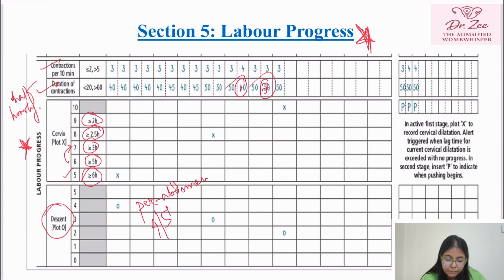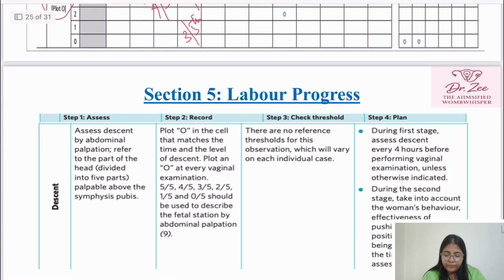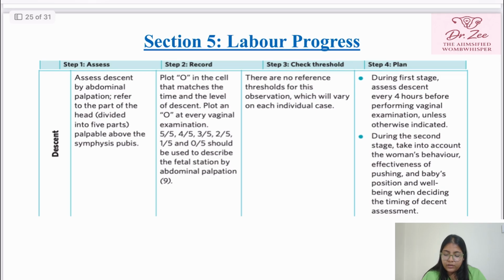If it is 4/5 palpable, you just make a circle at 4. If it is 3/5 palpable, you mark it at 3. If it is 2/5 palpable, you mark it at 2. So you plot it at the same time as you plot cervical dilatation. So here all the details are given.